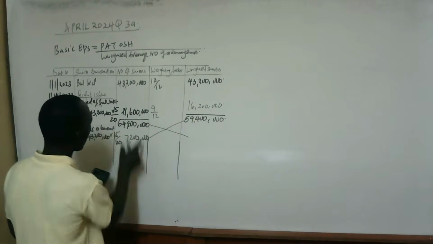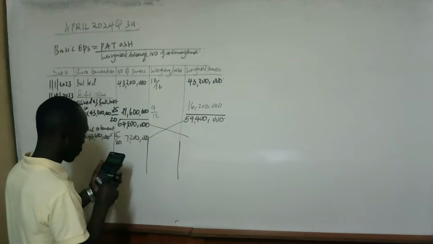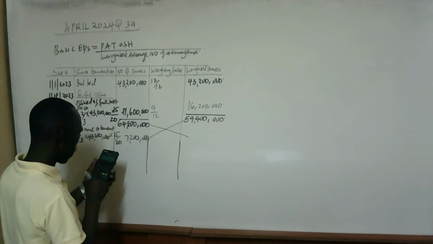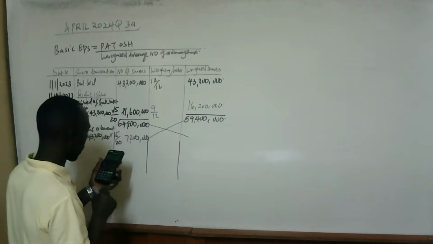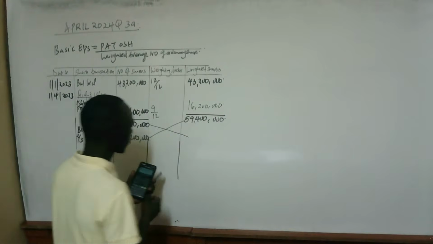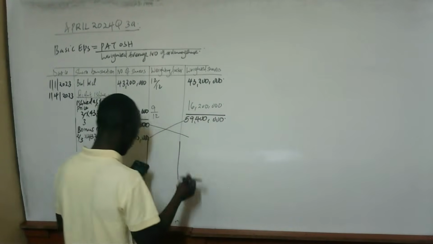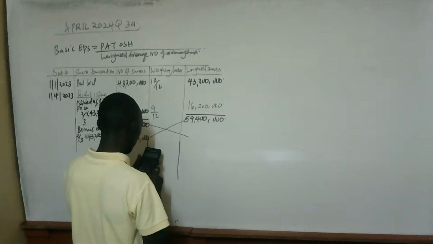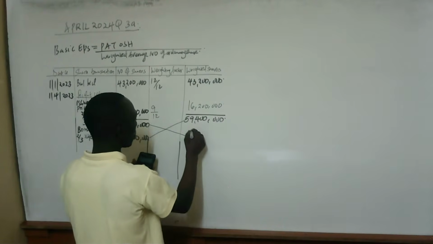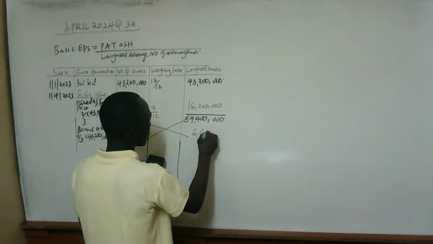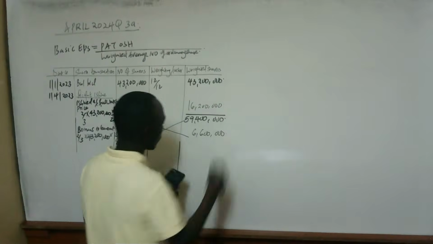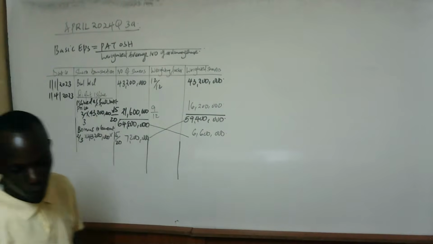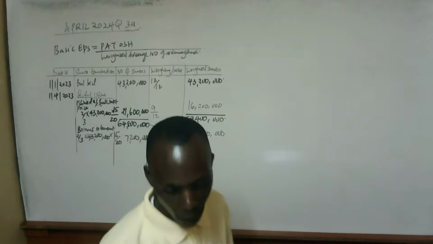Then from there, we divide by 64,800,000. So therefore, in this case, we will get an amount of 6,600,000. That is how you compute in case of a bonus.